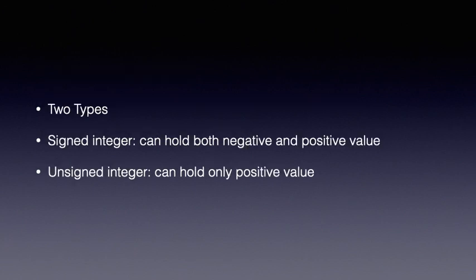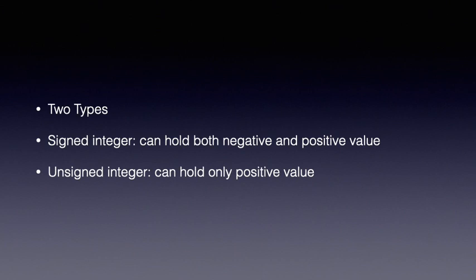Let's go to integers. There are two types of integers: signed integer and unsigned integer. This is not complex, but not very straightforward as it is in other programming languages. You have to declare the bit size also, because ultimately there is a limitation on how much you can store in a blockchain.